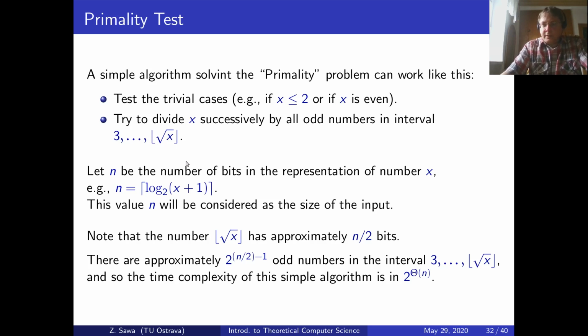Because if it's divisible by some number, the smallest of these non-trivial divisors must be at most the square root of x.